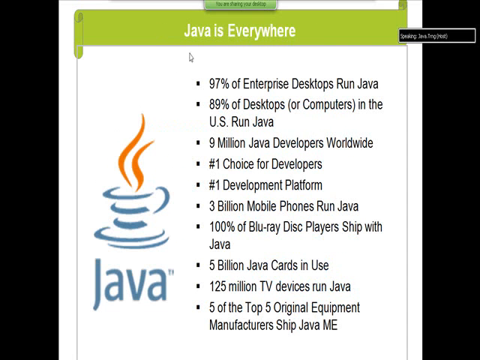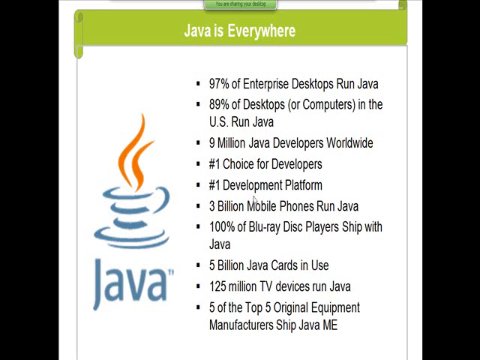If you see, Java is everywhere, and you can find some very hard facts about Java programming. Around 97% of enterprise desktops run Java, and 89% of desktops in the US run Java, or you can say the Java platform as such, and there are around 9 million Java developers worldwide. You can think of it as the number one choice of programming language and development platform.